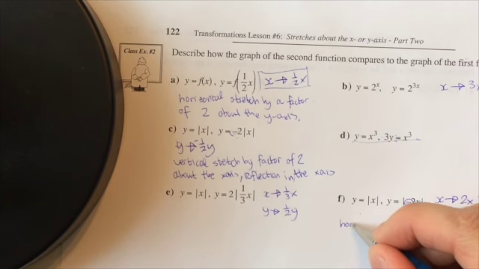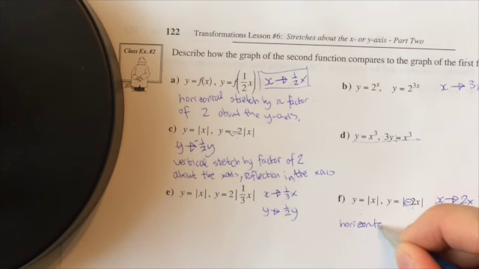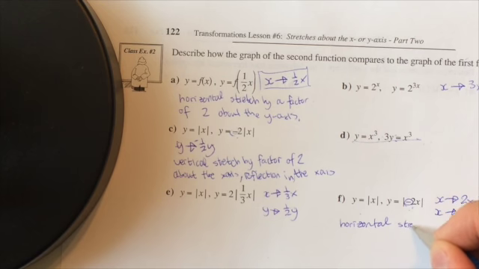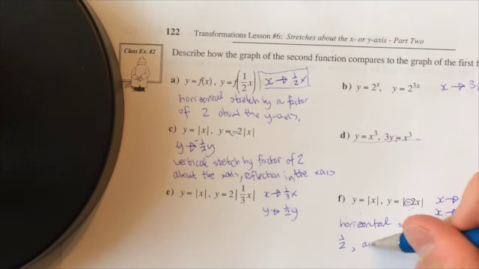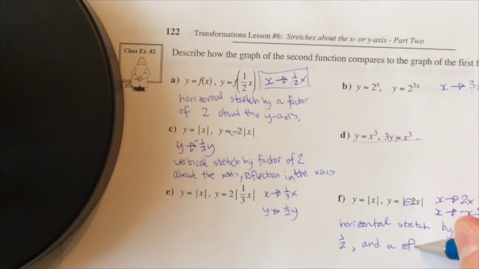And so this is going to become a horizontal stretch by a factor of 1/2, and both of these are occurring about the y-axis, and a reflection in the y-axis.